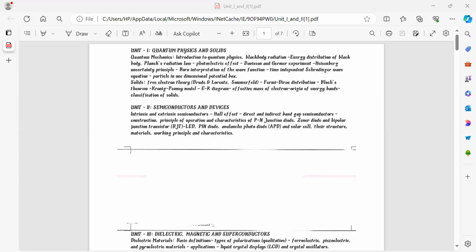So today we are discussing quantum mechanics, black body radiation and Planck's radiation law.